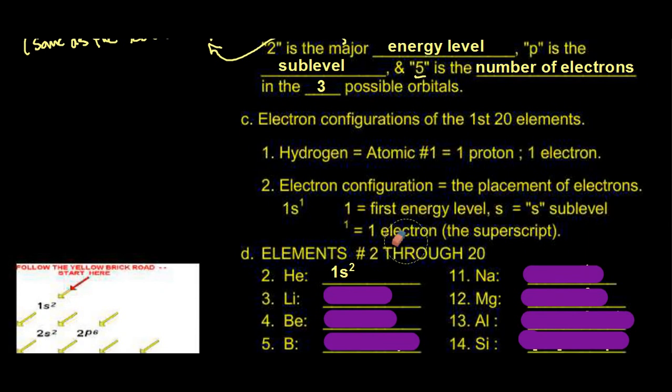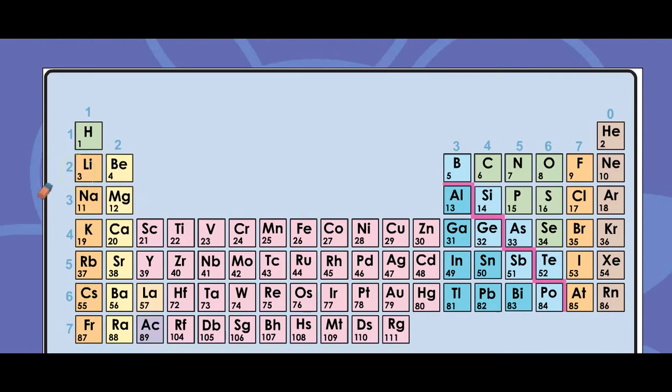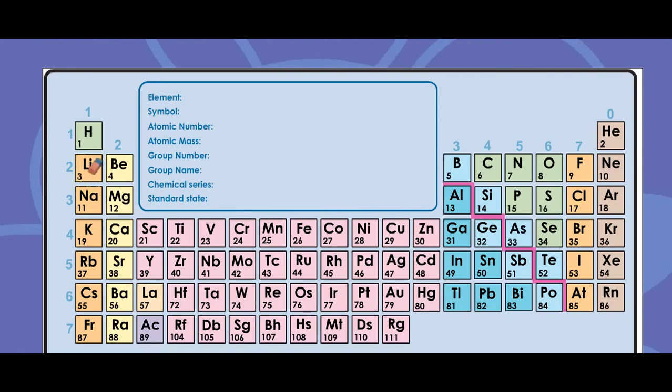Now, lithium will take us to the second row. If you look at the periodic table, lithium is over here. It's going to be 1s2, 2s1.